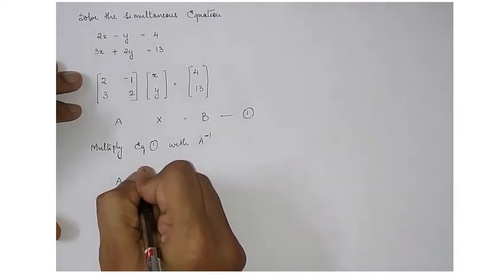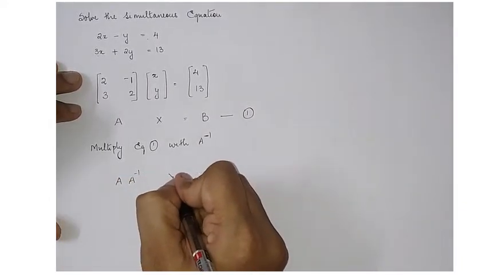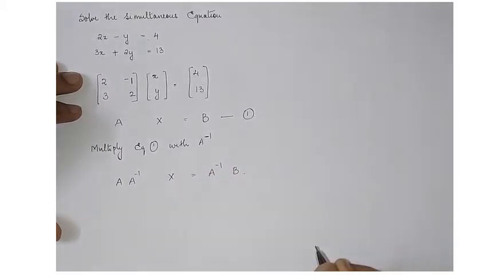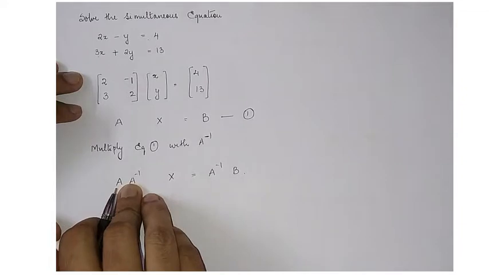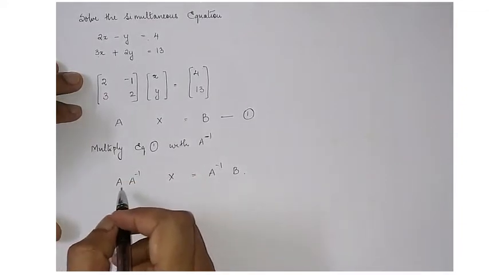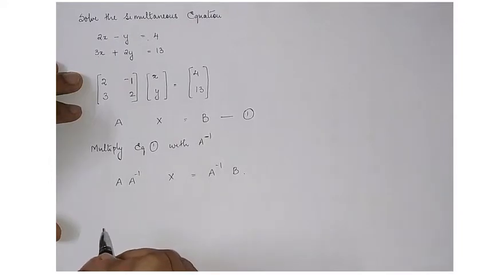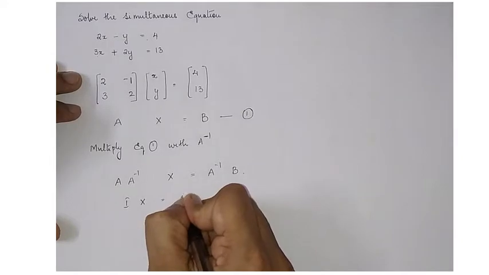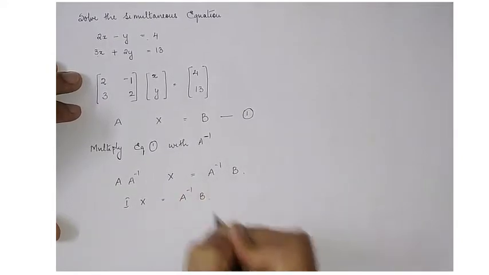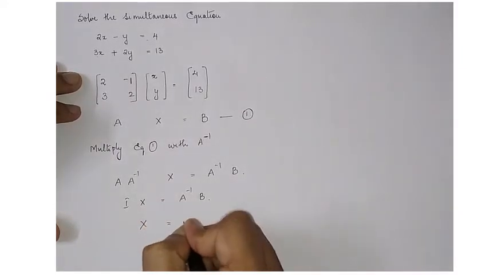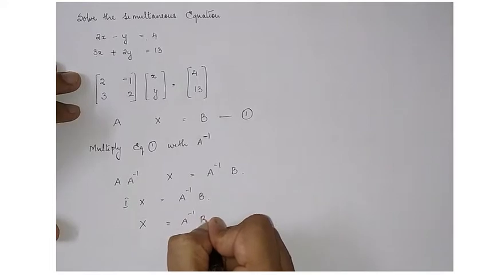A into A inverse X is equal to A inverse B. Now left hand side I am multiplying with A inverse, right hand side I am multiplying with A inverse. Now we know that A into A inverse is the identity matrix. So IX is equal to A inverse B. Now, I is the identity matrix, you can just avoid it. So X is equal to A inverse B.